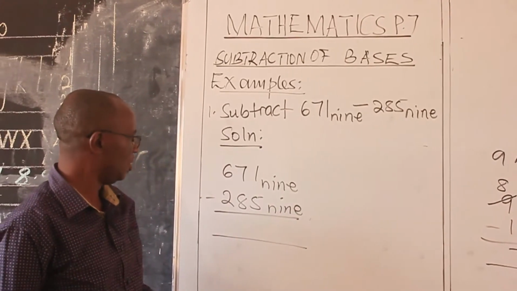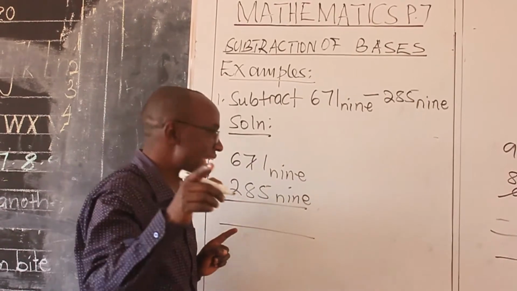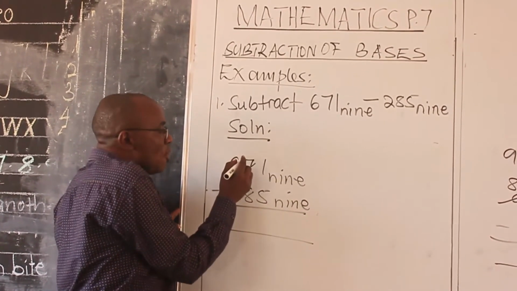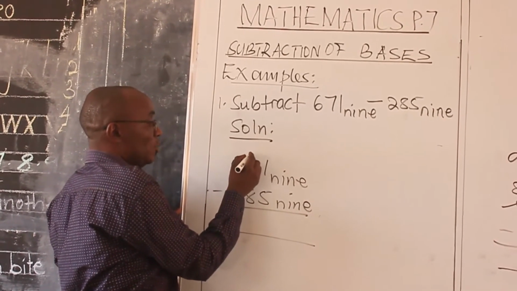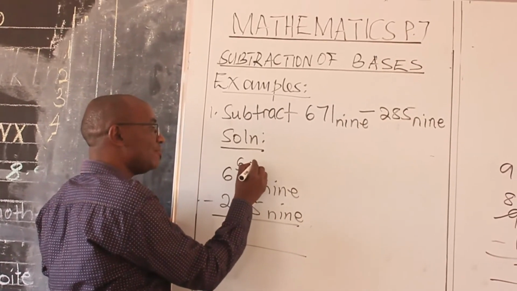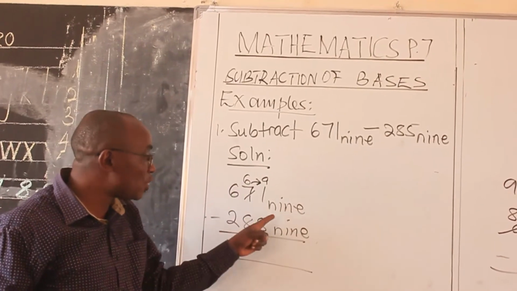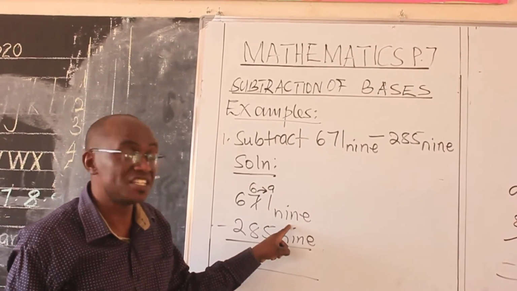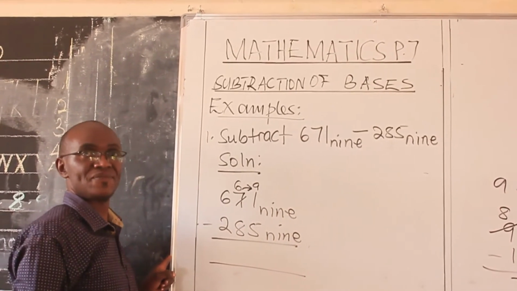It's not possible, so you move to the next place value. But remember, you are dealing in base 9. You have 7 nines here. When you borrow 1 nine, you remain with 6 nines. But you have taken a 9. I borrow 1, and it contains 9 because the question is in base 9. So 9 plus 1 is 10.